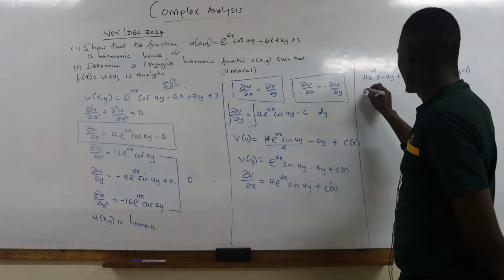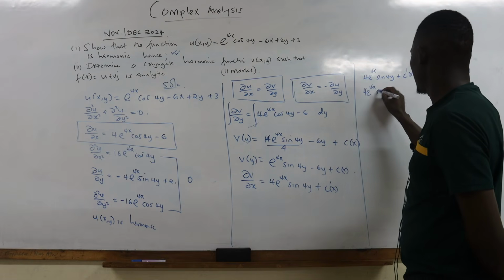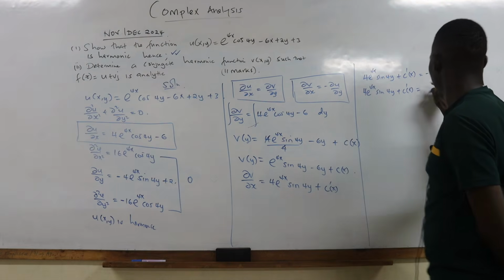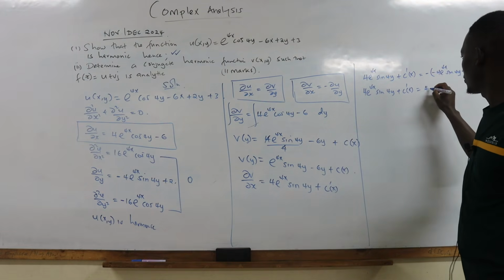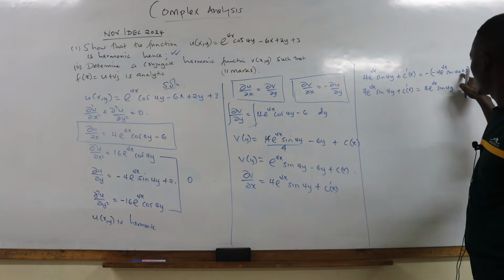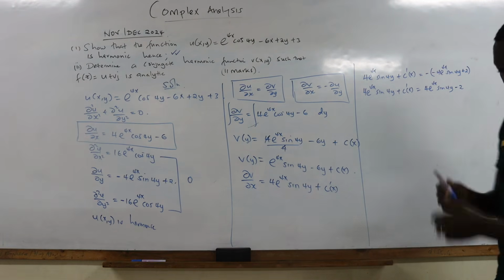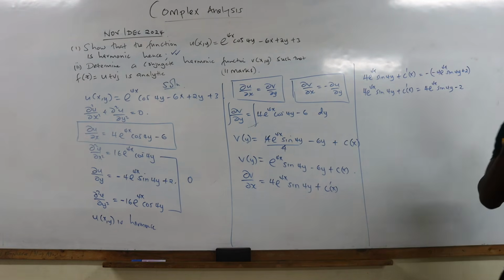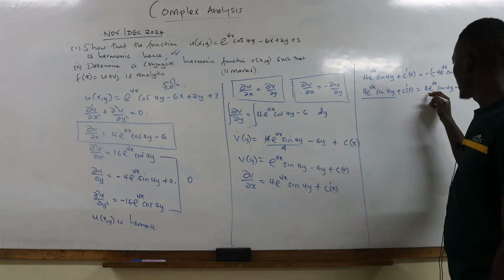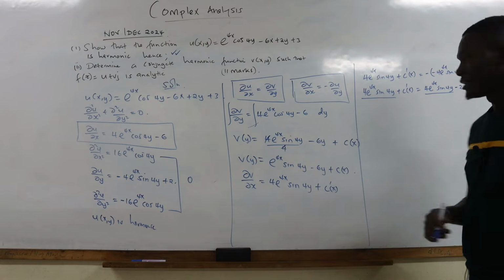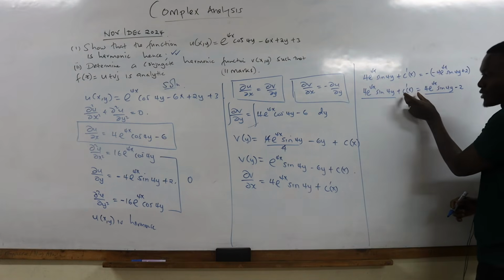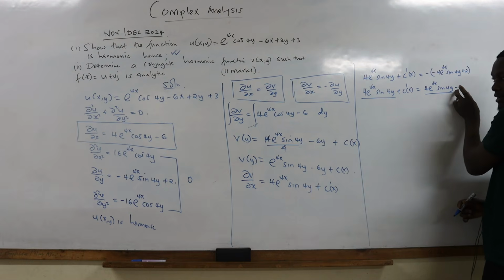So again, we're just saying 4 exponent 4x sine 4y, and with the signs, negative negative gives positive, so we have 4 exponent 4x sine of 4y, negative positive, negative negative 2. If you check these two functions, they are one and the same thing because this part is the same as that part. So if our first part is the same as the first part, therefore the second part should also be the same as the second part.